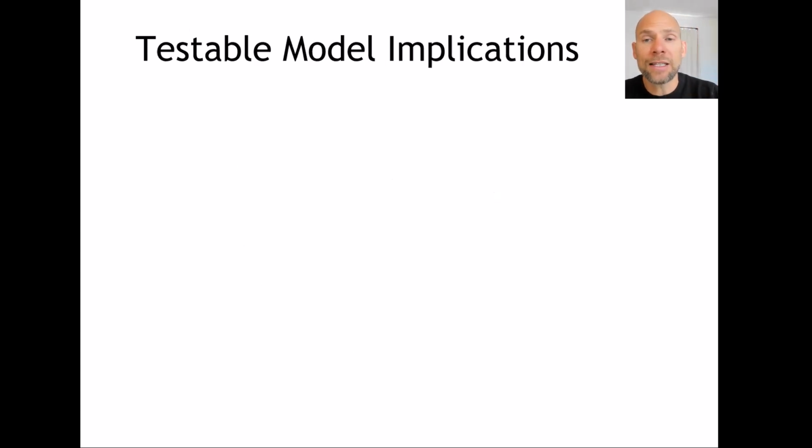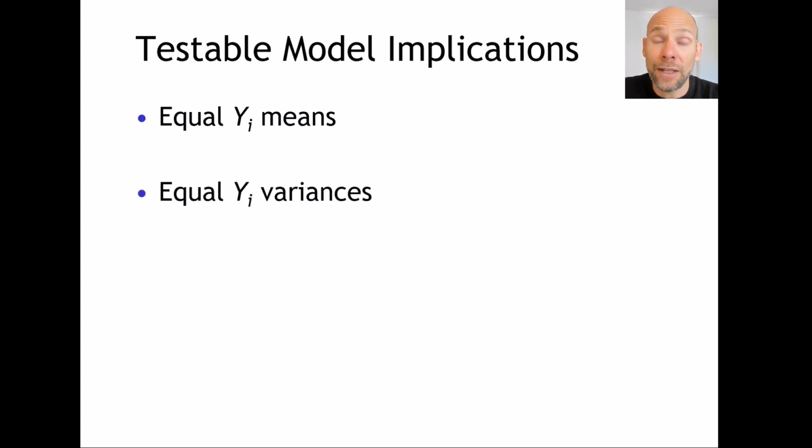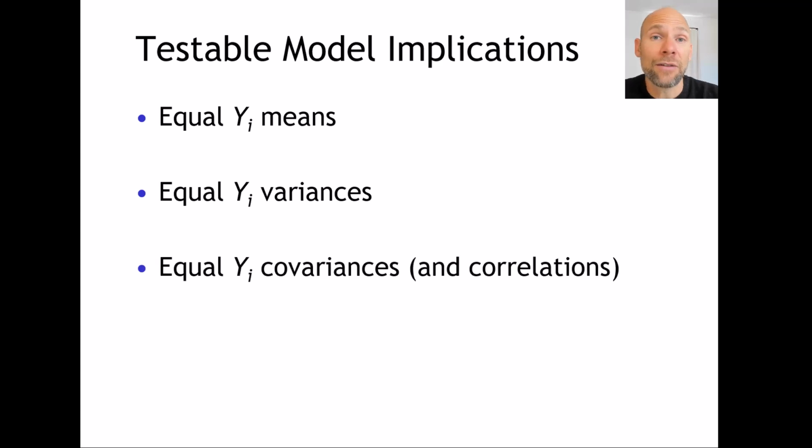Now, what are the testable model implications of the model? Given that we assume that the variables share the exact same true scores, that they have the same error variances, and that they have uncorrelated error variables, we have the implications that the y variables, the test score variables, have to have equal means, they have to have equal variances, and they have to have equal covariances in the underlying population.